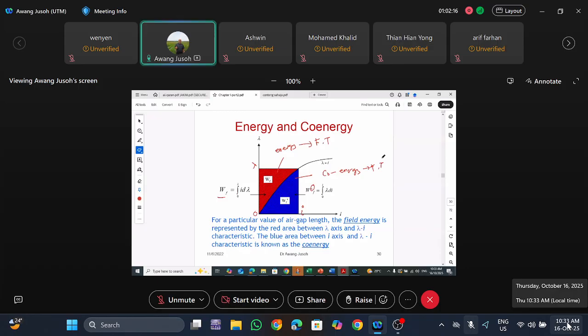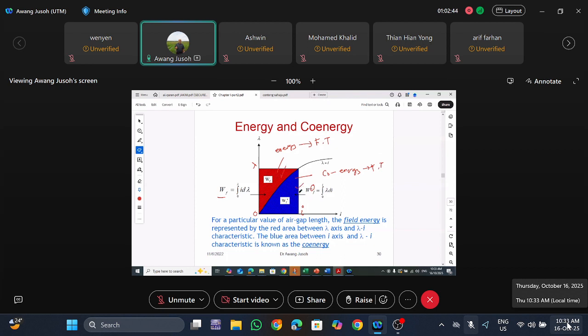Okay? Understand? So this is the difference between energy and co-energy. Energy is actually the real energy stored in the magnetic field. The real one. But the blue color, the co-energy, is not real. It's just a method, a way or technique to find the force later on. So when we calculate force, you can use either the red color or the blue color.